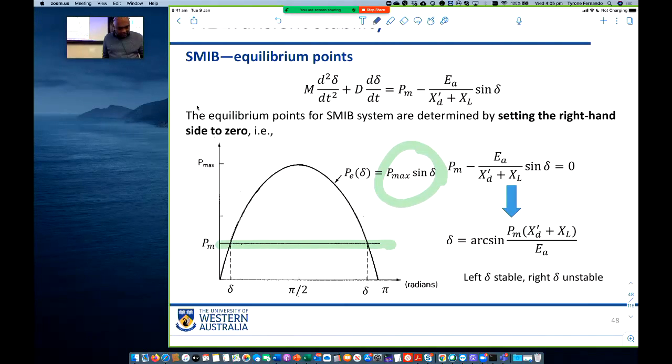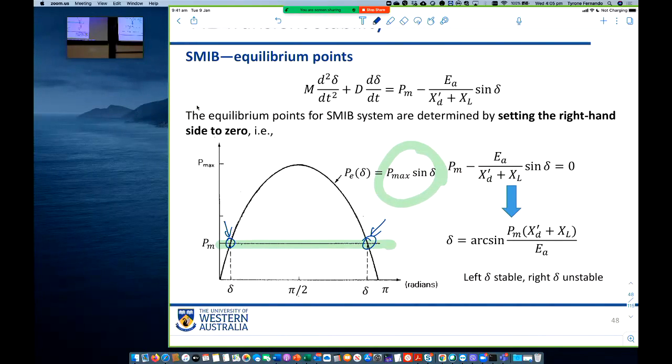It has to be operating either here or there. In fact, you will see very soon the stable operating point is this one. This is not a stable operating point. I'll explain why. The stable operating point is delta on the left, and that's where it is operating.